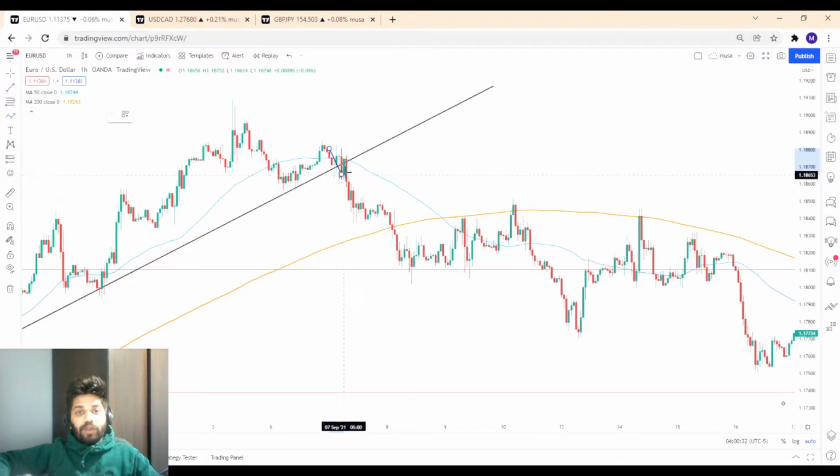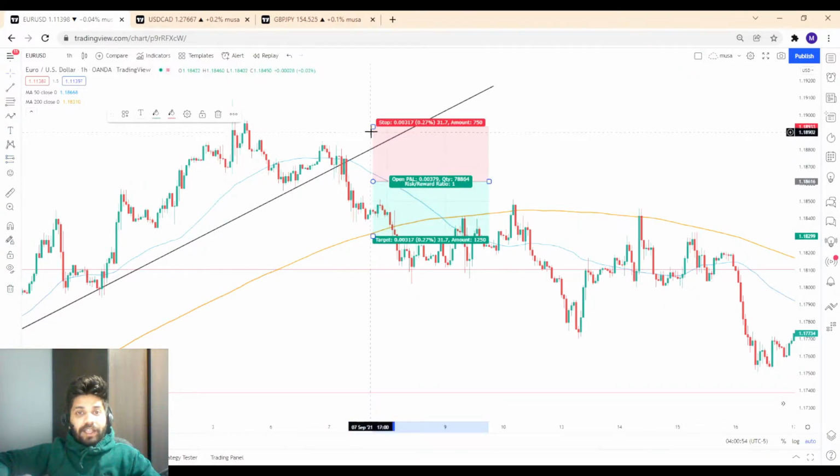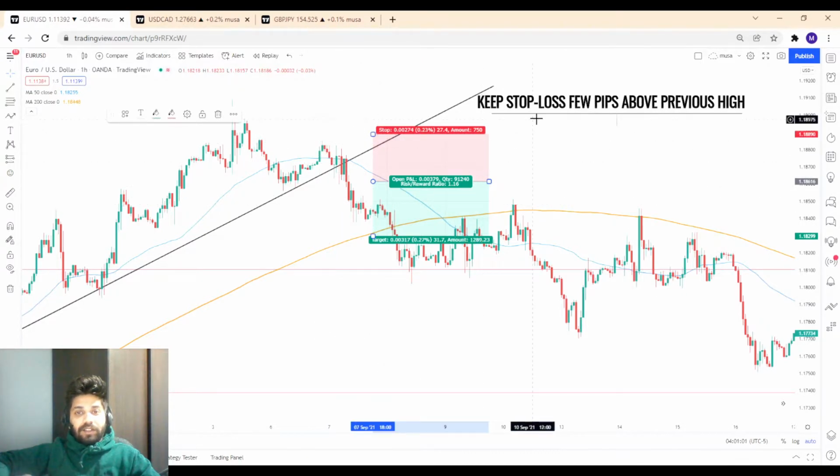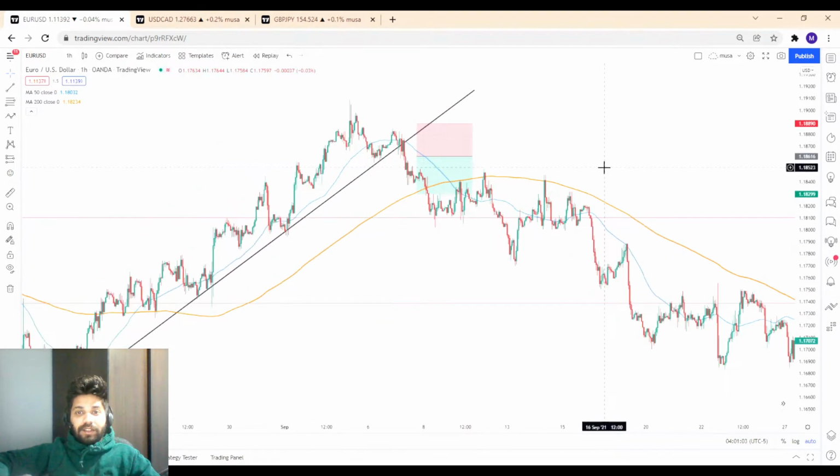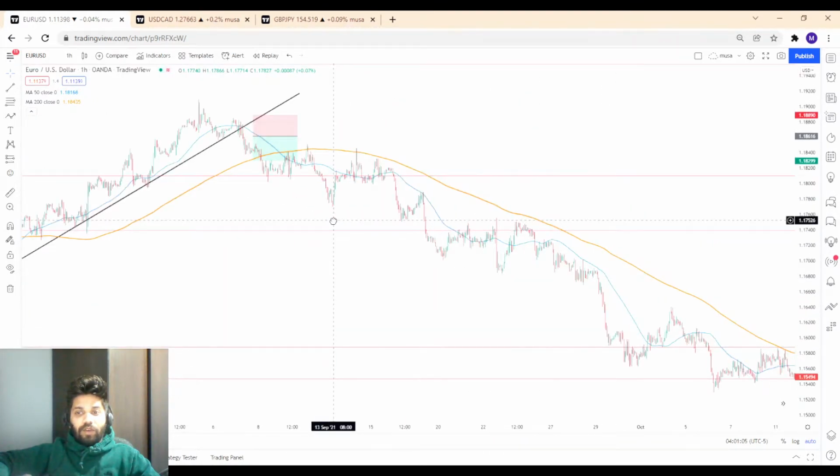What we'll do, we'll wait for a retest. It successfully gave the retest and it make a lower low. So what I'm gonna do is, I will trade at this position, not at this candle. So here it is. If you have taken the sell position at this point at the second candle and keeping a stop loss over here above the higher of this candle, see how much the price has gone down.